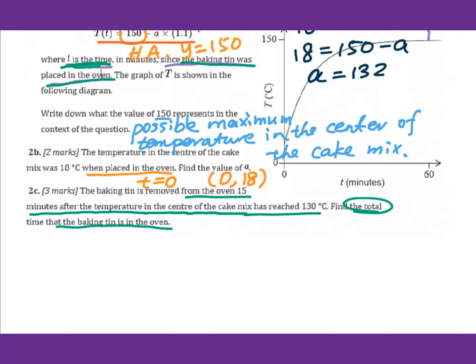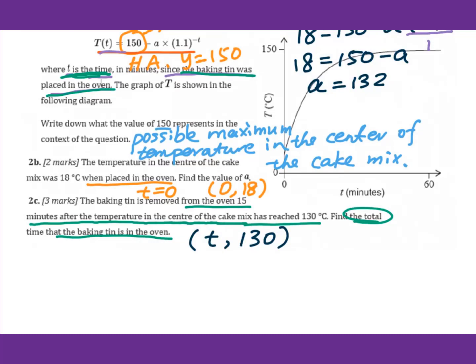Therefore, we're looking for this t, and the temperature is 130 degrees. So we plug into the function here. You will get 130 equals 150 minus, we already got A equals 132, so 132 times 1.1 to the negative t power.